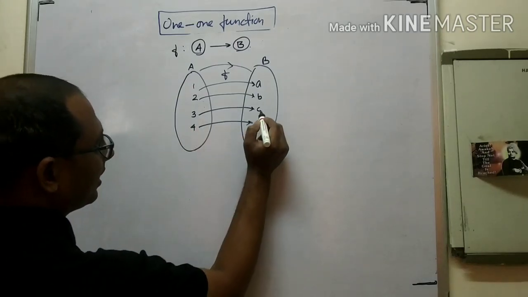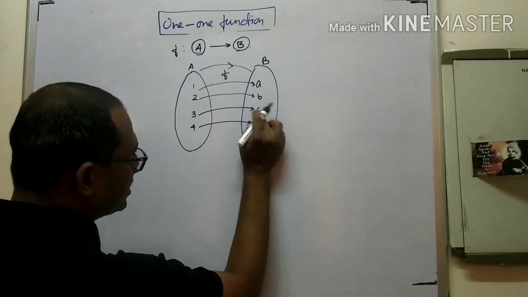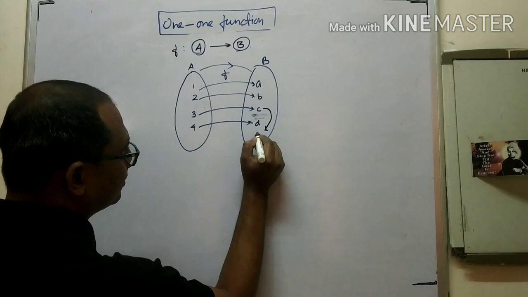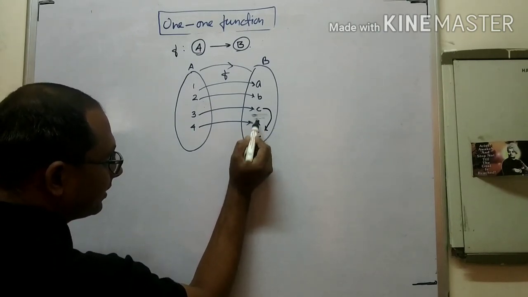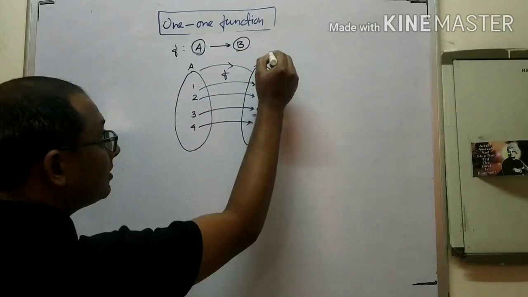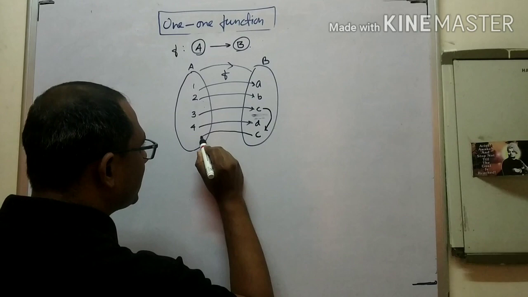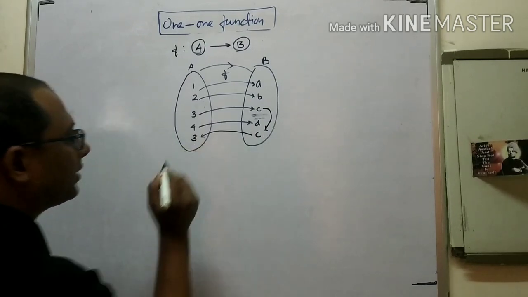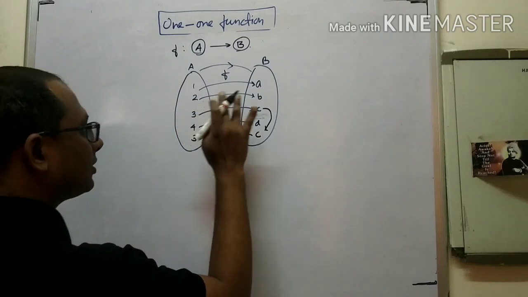1-1ness means that if I take one more C here, and I get another C repeated in the set B, then I must get the pre-image of that C also to be 3. 3 has only one image.